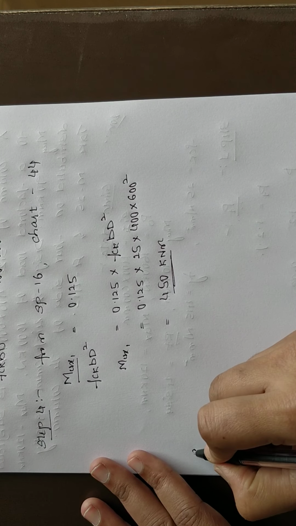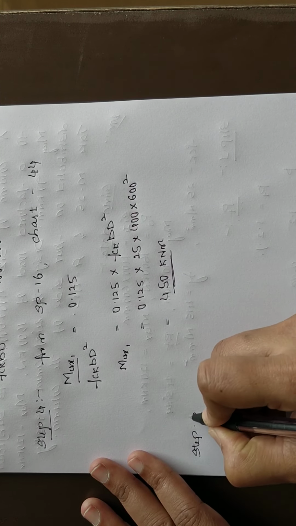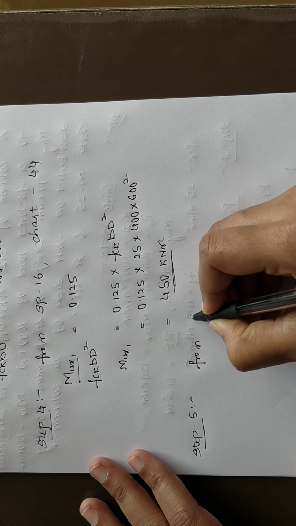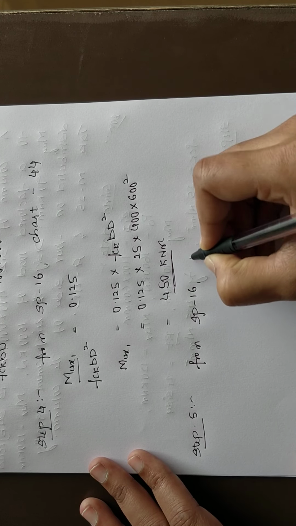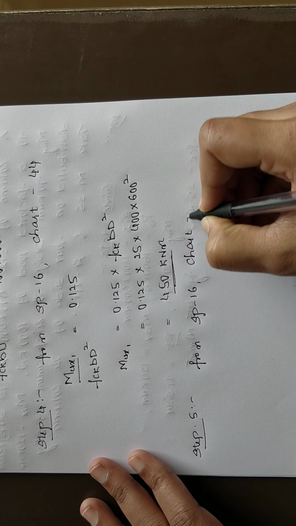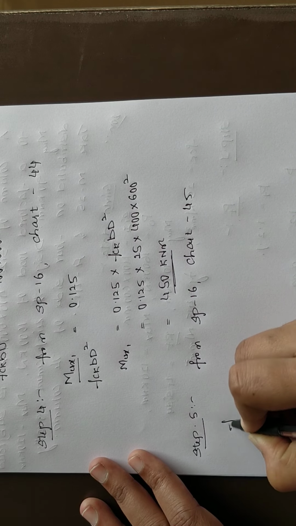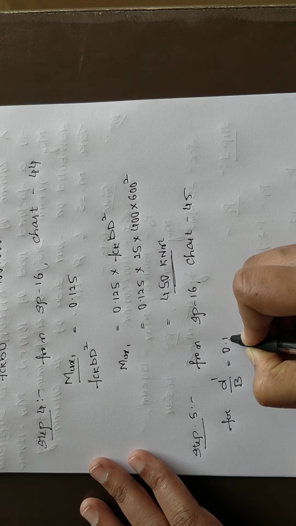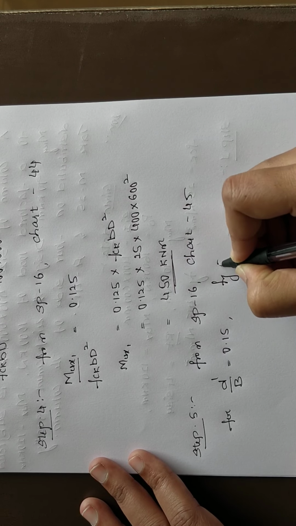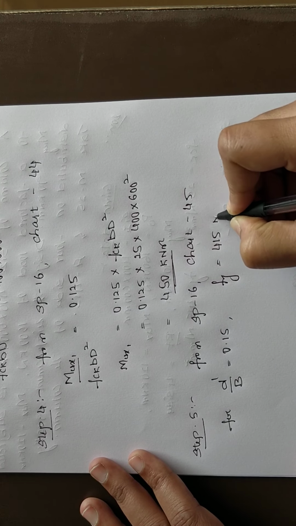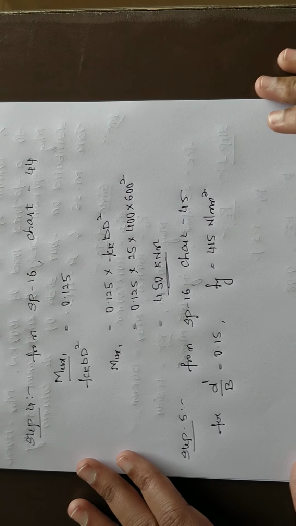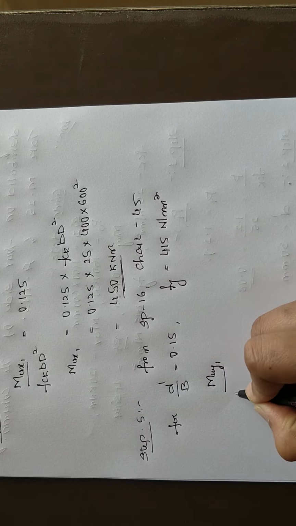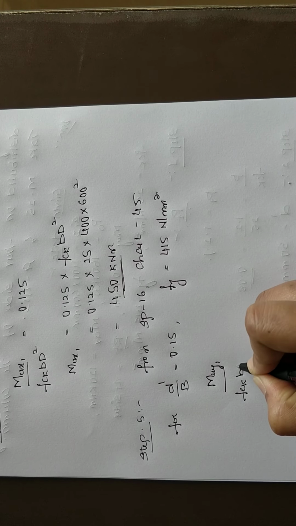Similarly, step number 5, from SP 16 chart 45, for D dash by B value of 0.15 and Fy equal to 415 Newton per mm square. Calculate MUY1 by FCK BD square.